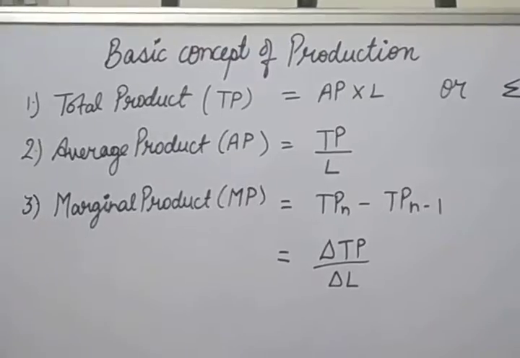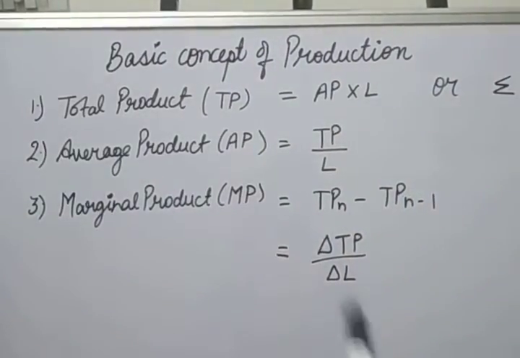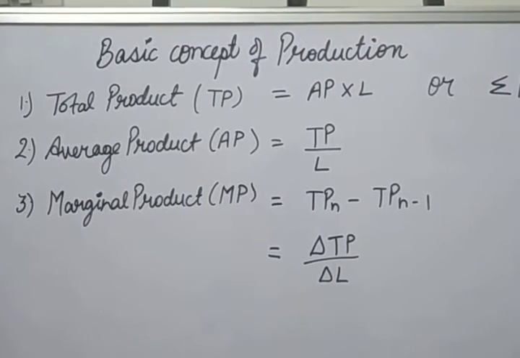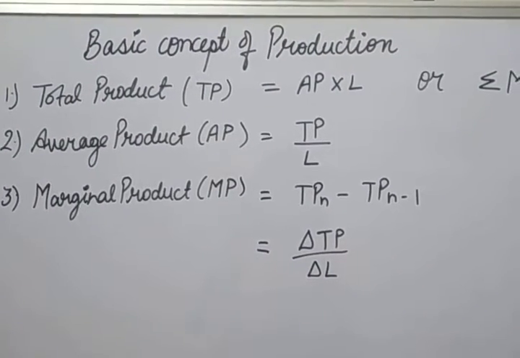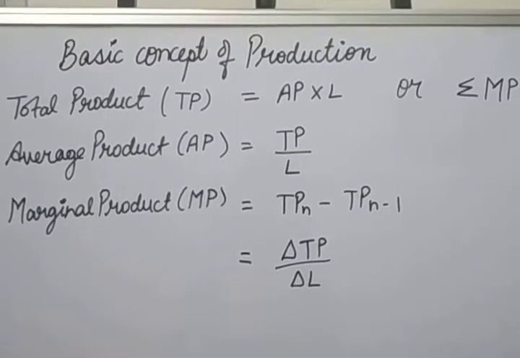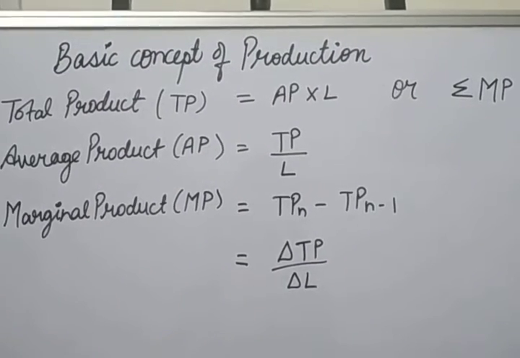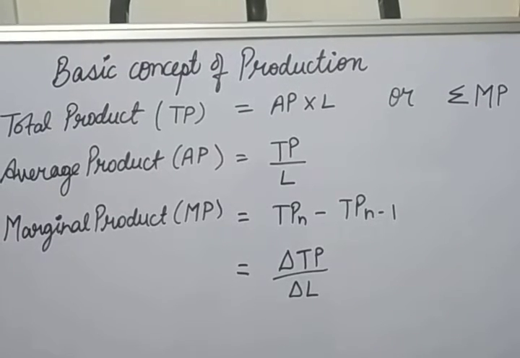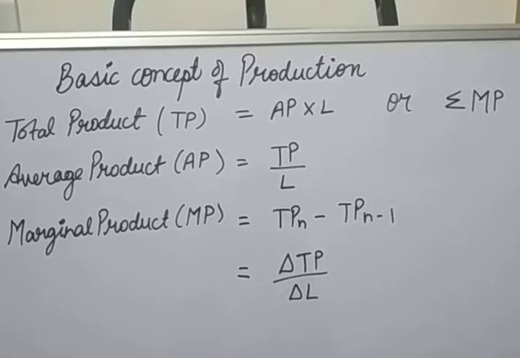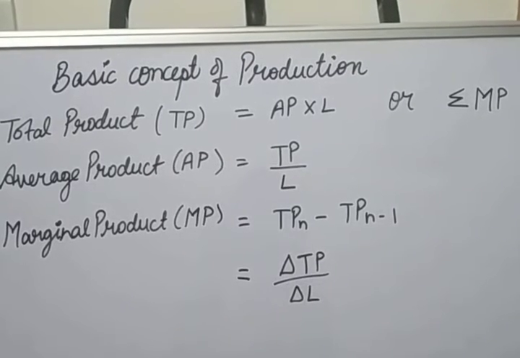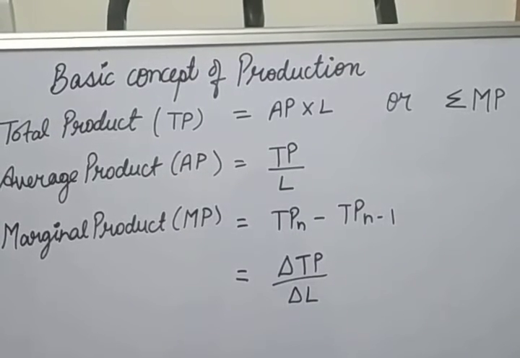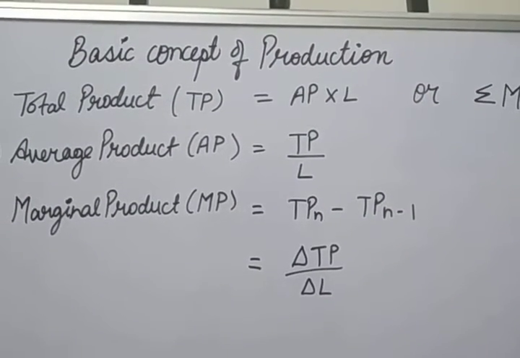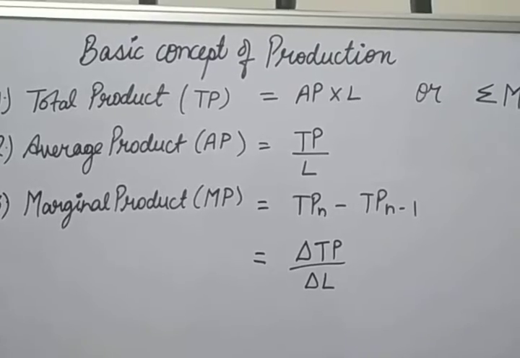Now the next topic is the basic concepts of production. First one is the total product. Total product refers to the total volume of a commodity produced by a firm with given inputs during a given period. In other words, TP is the total quantity of a commodity produced by a firm with the use of all the units of the variable factor, keeping fixed inputs constant.